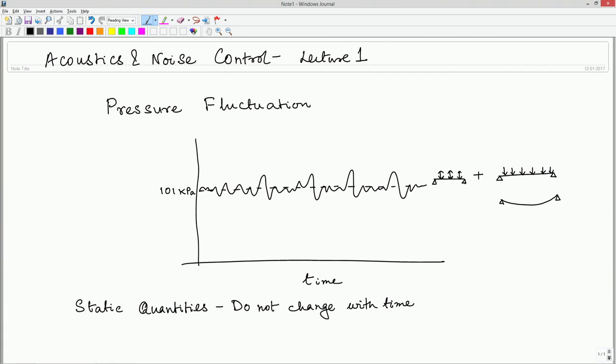So, the effect of static load onto a structure causes static deflection, right.